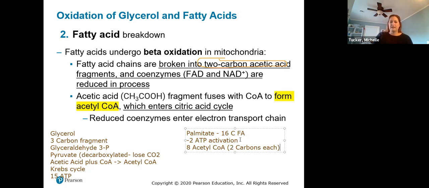Okay. Then we'll get NADH plus H, so we'll reduce some cofactors, and we'll get FADH2.